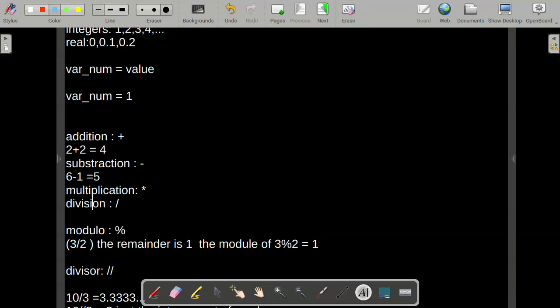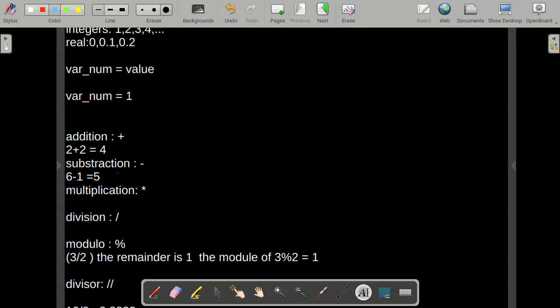And then also multiplication, represented by that sign, where we have 3 times 3 equals 9. And then division, where we have a forward slash, so we have 10 divided by 5, which will be equivalent to 2.